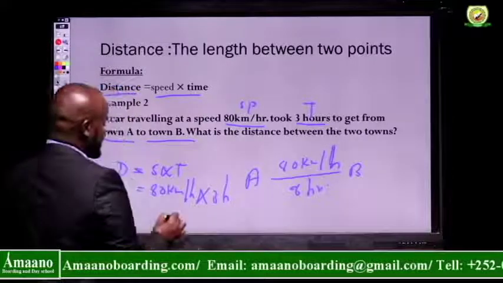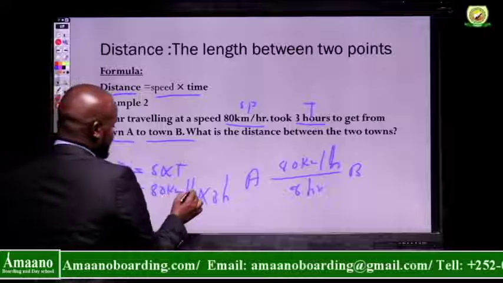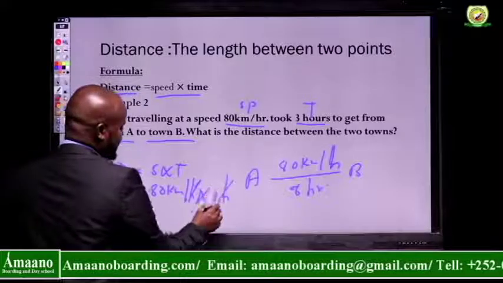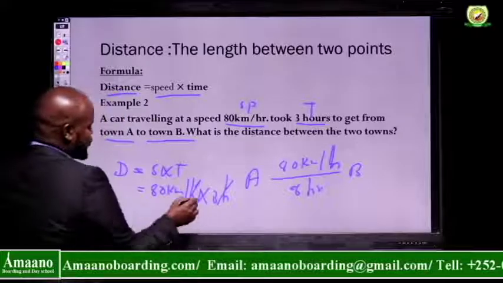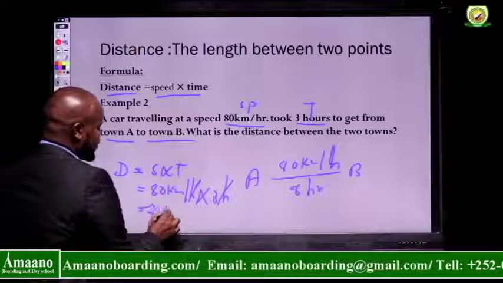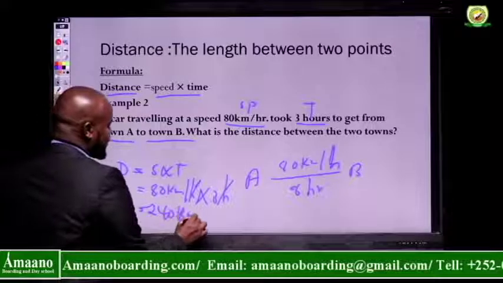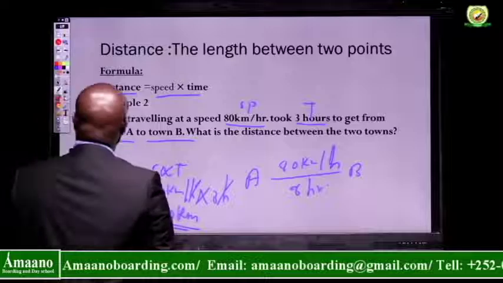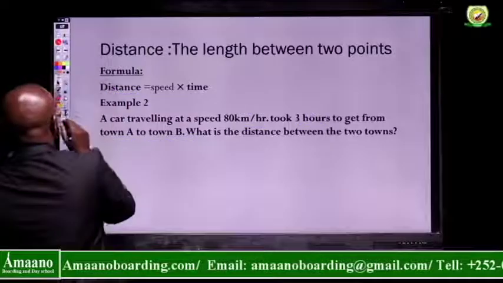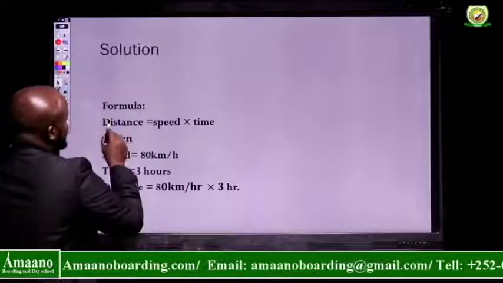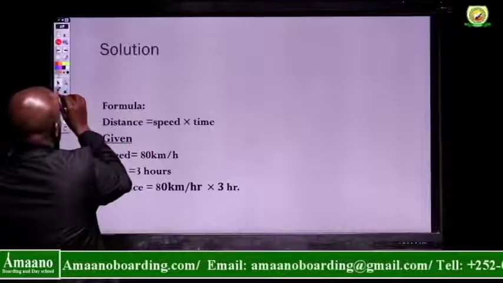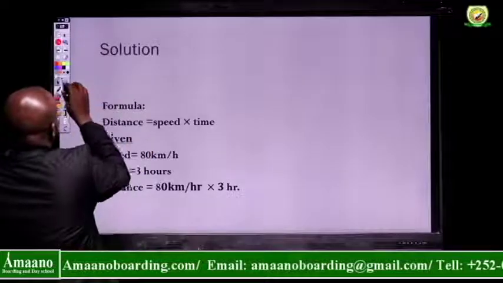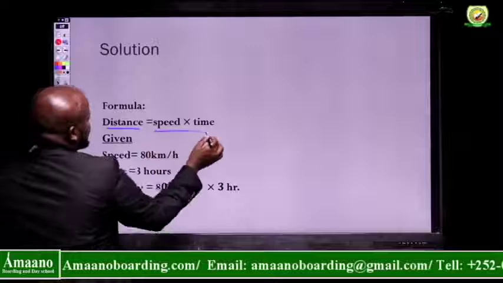So the hour in kilometer per hour is cancelled by the hours. So 3 times 8 is 24, so 240 kilometers. This is the distance. This is the formula: distance equals speed times time.